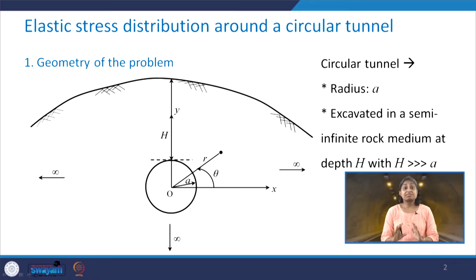Since this is the first of this analysis, we are starting with the most basic structure. That is, the first thing is we are considering the circular tunnel, and then when I come to the loading and the material properties, you will realize that I am considering the rock mass or rock media as the elastic medium, which may not be true in the field.